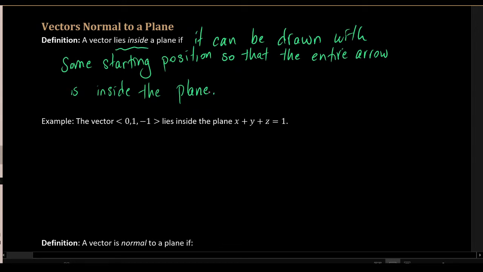For a quick example, we would say that the vector 0, 1, negative 1 lies inside the plane x plus y plus z equals 1.